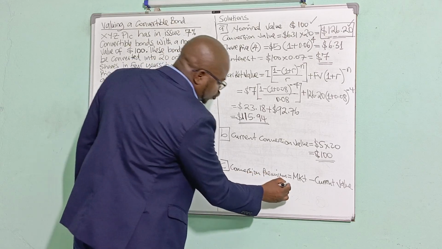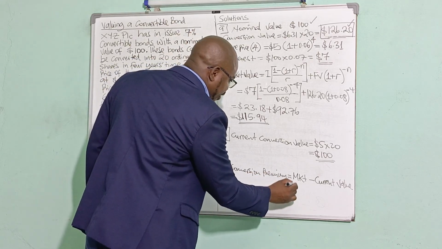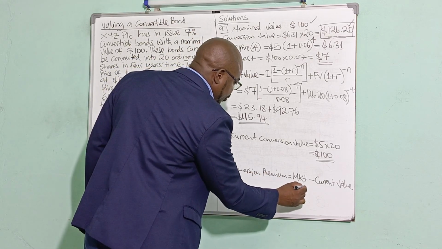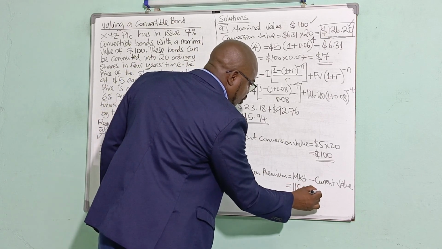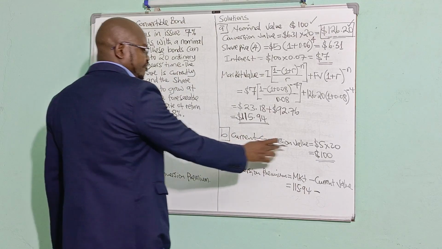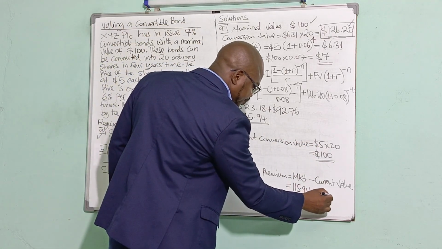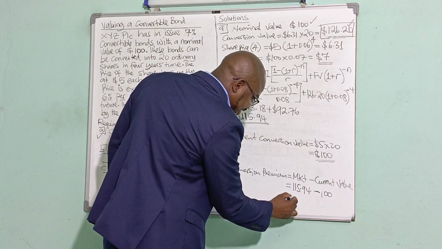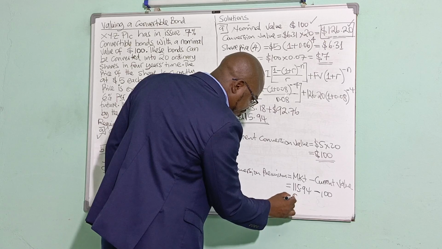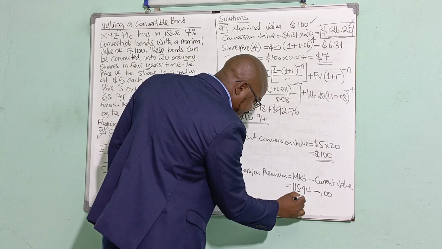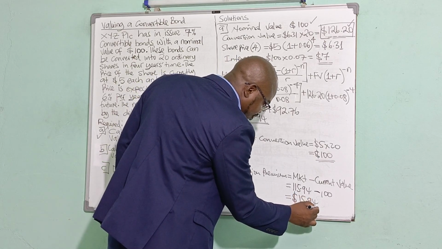Okay, so the market value is 115.94. The current conversion value which we calculated there is 100. So we can certainly say the conversion premium is actually 15.94.